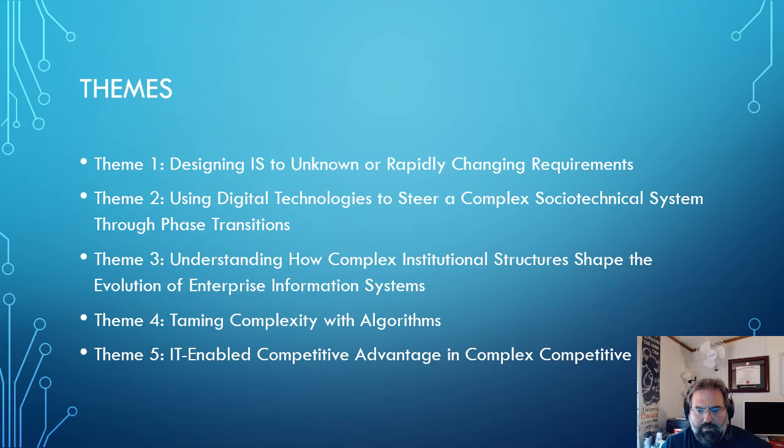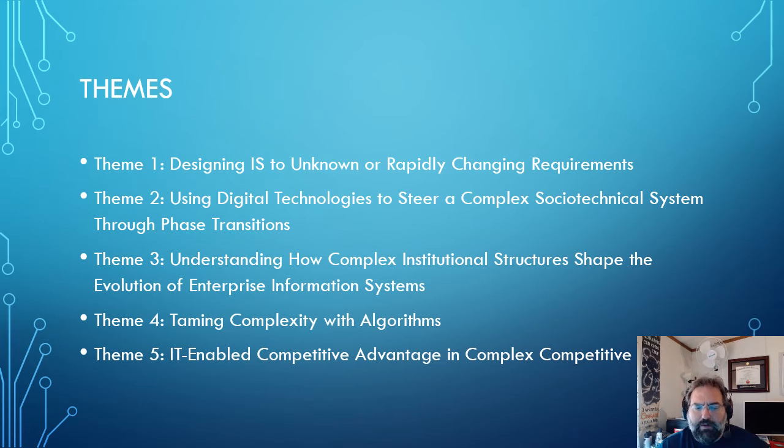It could be organizational structures as far as who reports to who, if it's a matrix versus hierarchical organization, and so on. But understanding that the enterprise information systems are having to be changed or evolve or grow in response to the complexity of the institutional structures.